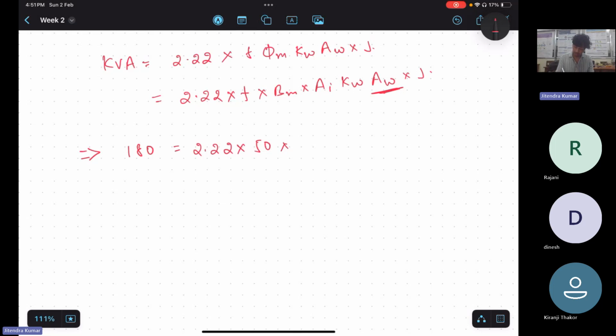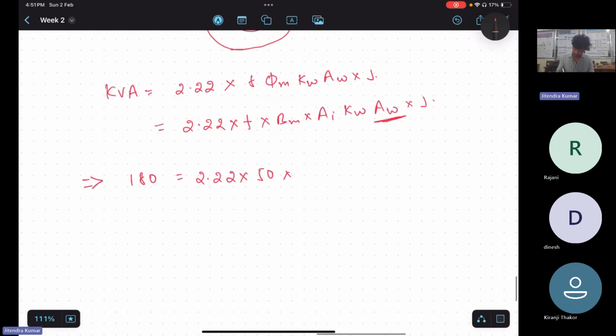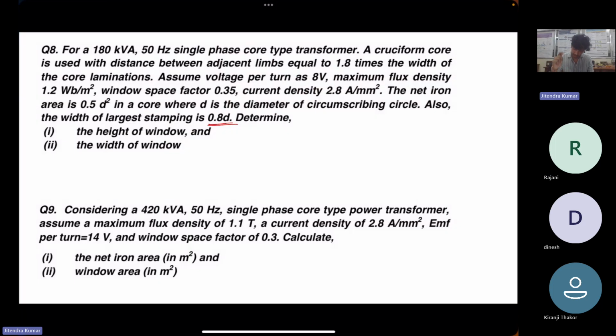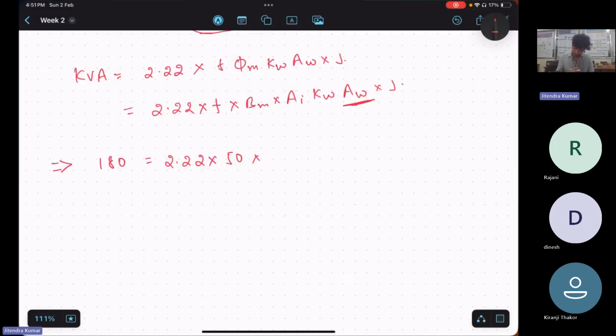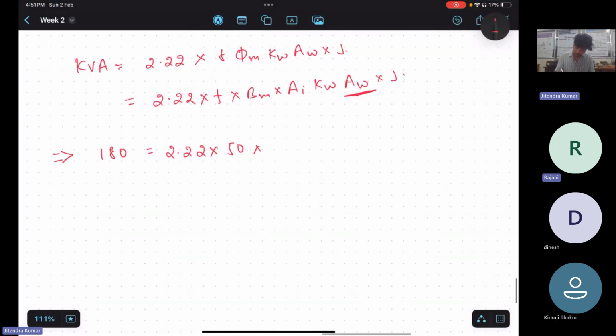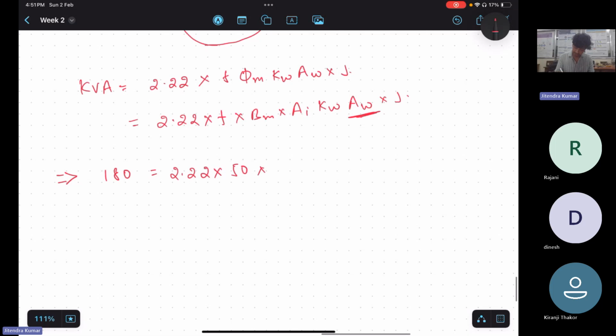And BM is given as 1.2 Weber per meter square, and net iron area is also given, 0.5 d square.